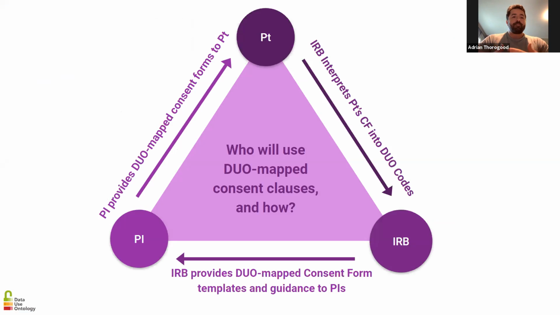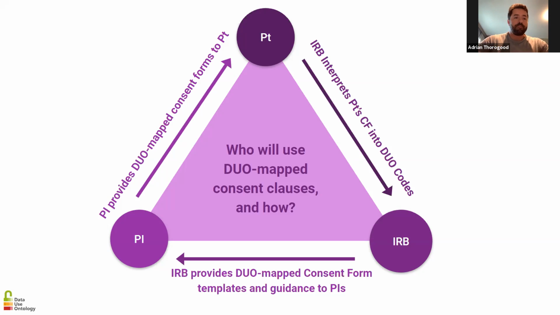So we're actively exploring, with the existence of the DUO, how we improve the process of consent drafting, both for general purposes of clarity and transparency, but also to really enable the effectiveness of the DUO and close this gap between the natural consent language and how we represent use conditions within data sharing infrastructure.